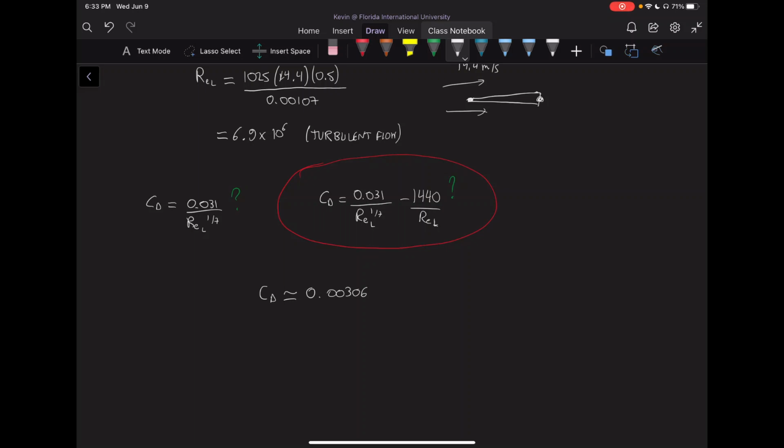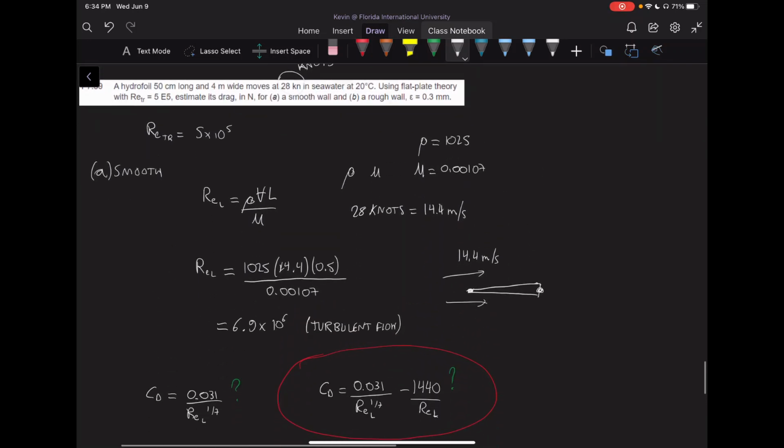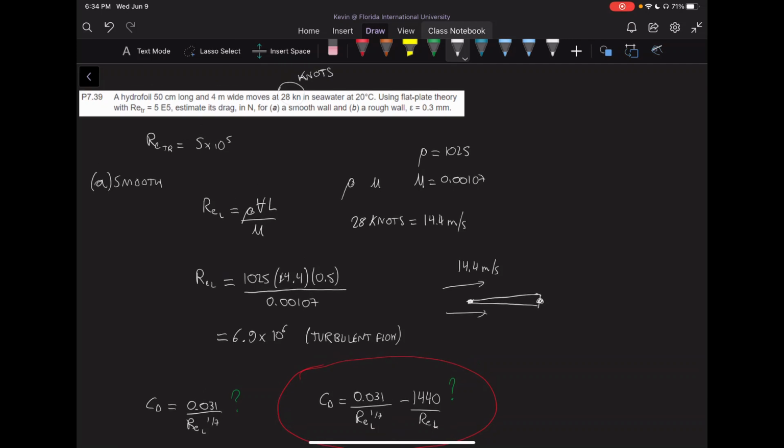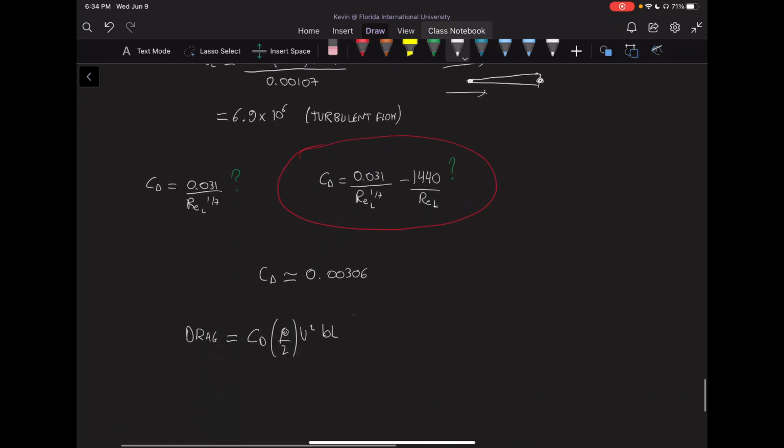Now our drag can be found from CD, so we have that drag is equal to CD times rho over 2 times U squared times BL. We are not told whether or not to find the drag on one side or both sides, but since the hydrofoil is submerged underwater, we're going to multiply by 2 for the two sides.